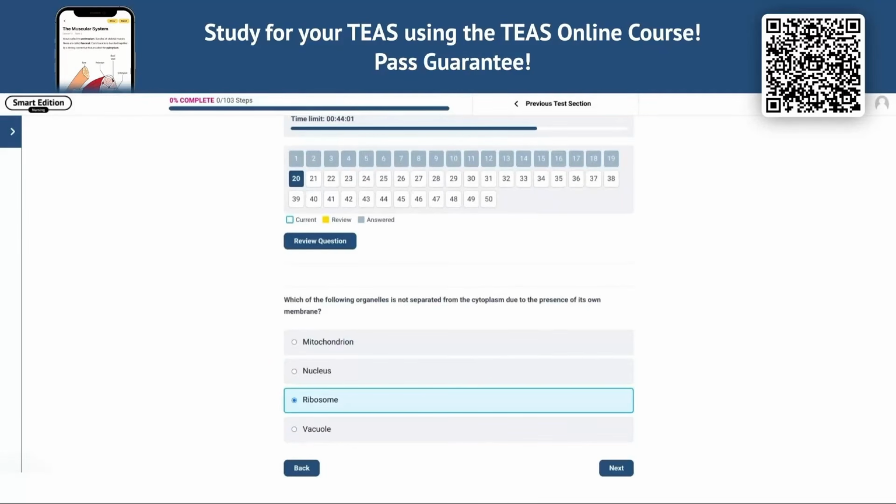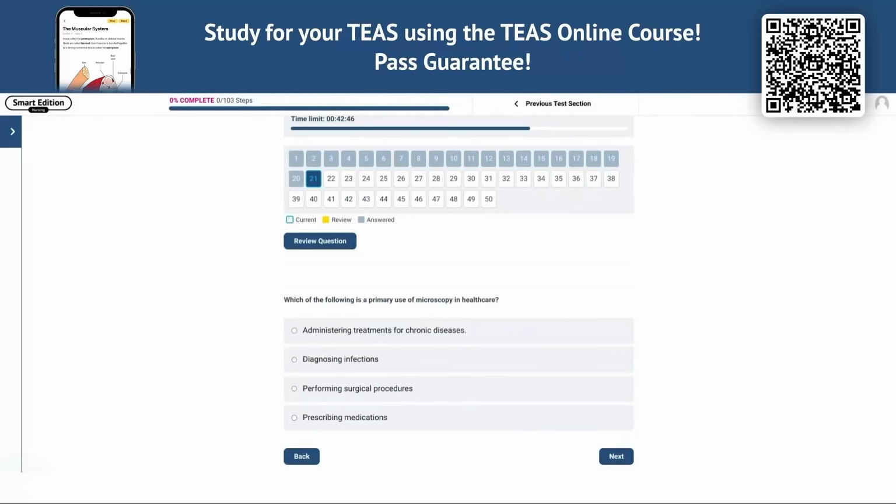And then lastly, we've got the vacuole, which is the storage organelle within the cells, and they hold things like water and nutrients, and they have a membrane around them to keep their contents separate from the cytoplasm. So that is why the ribosome is correct, because it's the only organelle of these answer choices that does not have a membrane, and it is the only one that is directly in the cytoplasm.